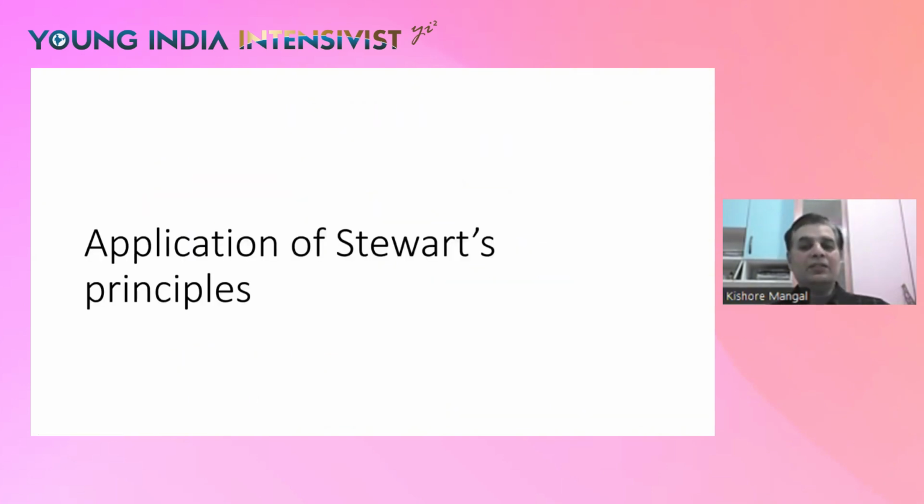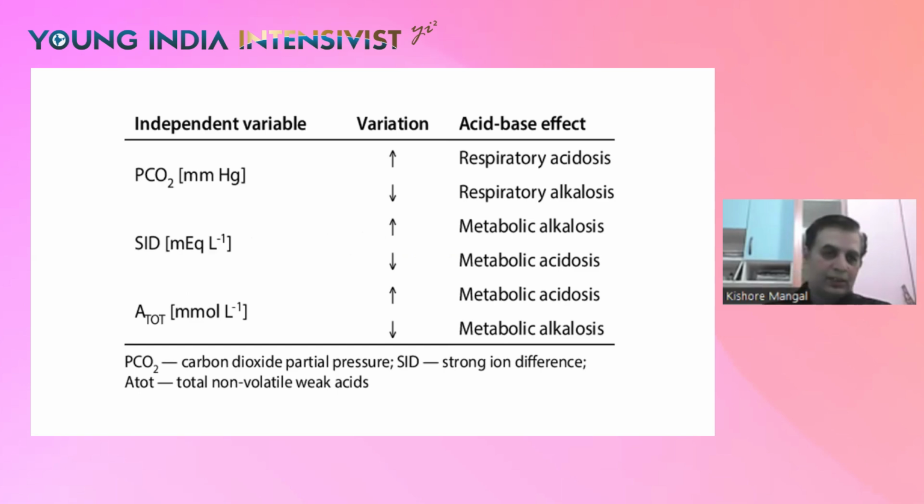Now coming to the application of Stewart's principle. We know that these are the three independent variables, and changes in the three will cause variation of acid-base status. PCO2 changes are similar to what we see in the traditional approach, so that is not changed a bit. If the PCO2 is high, then it is respiratory acidosis. If PCO2 is on the lower side, this is respiratory alkalosis.